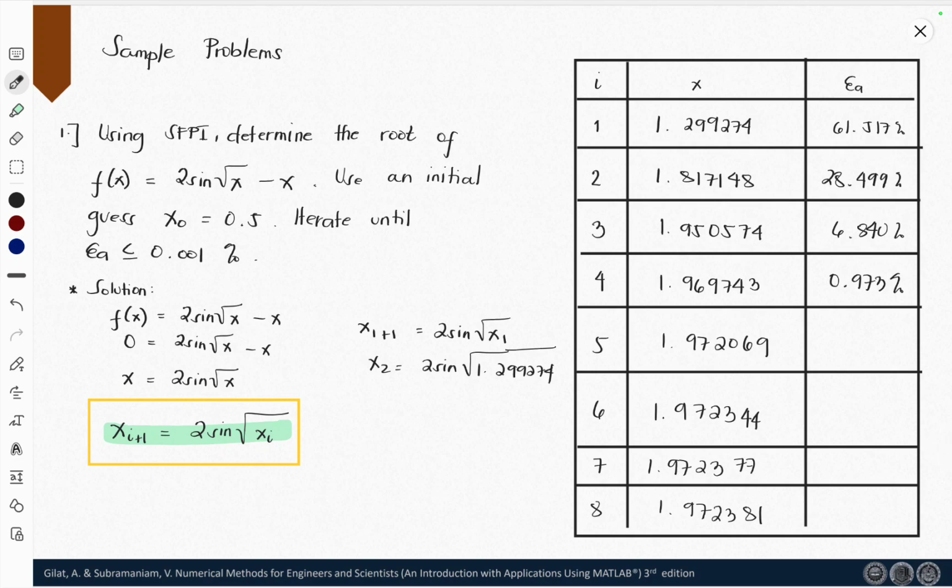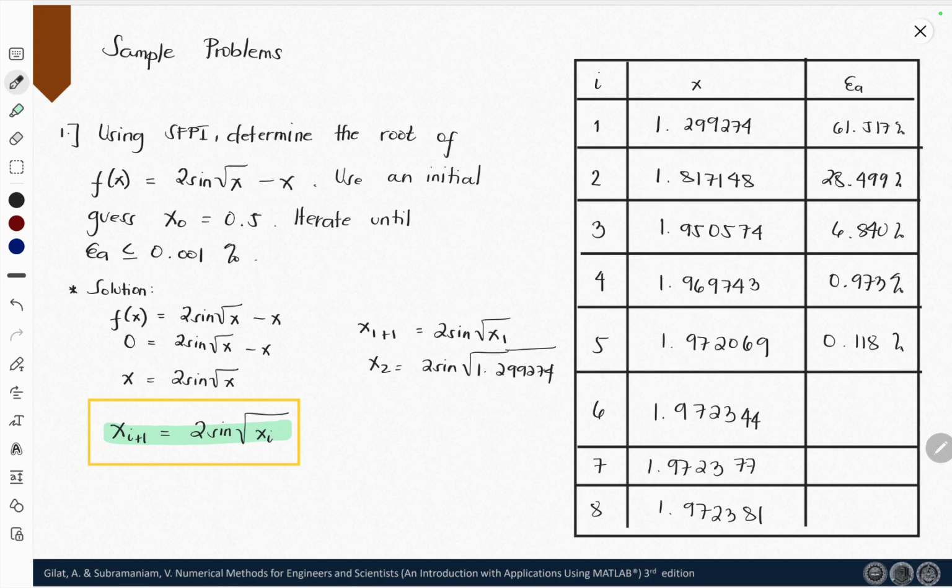Next, 1.972069 minus 1.969743 over 1.972069 times 100%, so 0.118%.